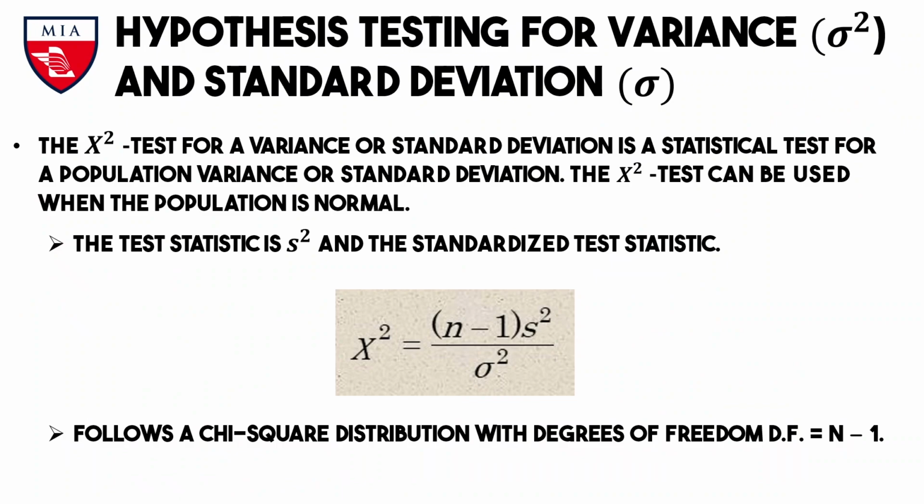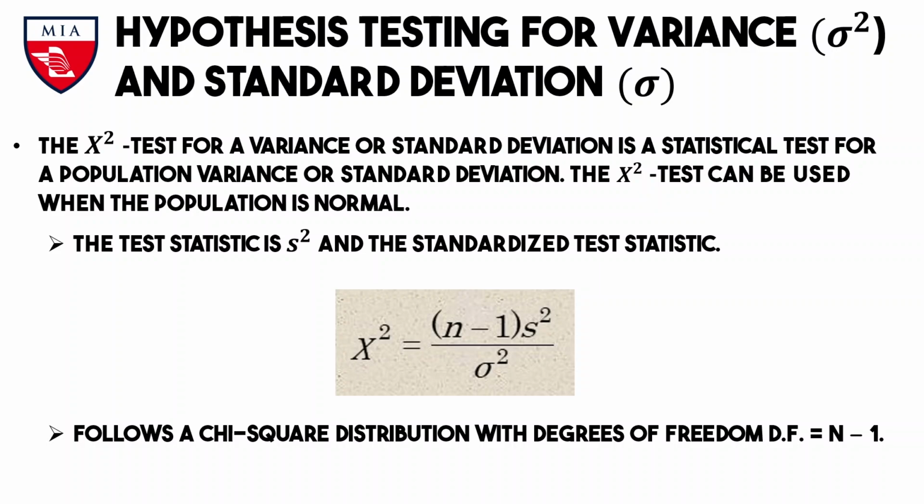And for our last topic, hypothesis testing for the variance and standard deviation. The chi-square test for a variance or standard deviation is a statistical test for a population variance or standard deviation. It can be used when the population is normal. The table that we need to use for the chi-square test is the chi-square table.